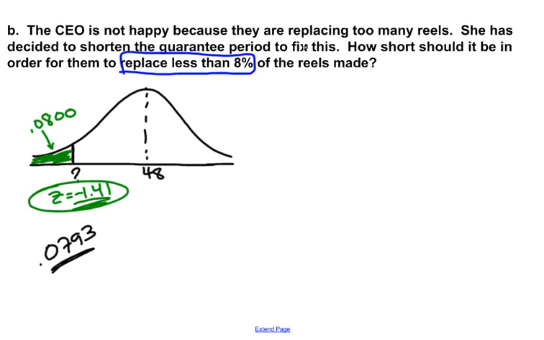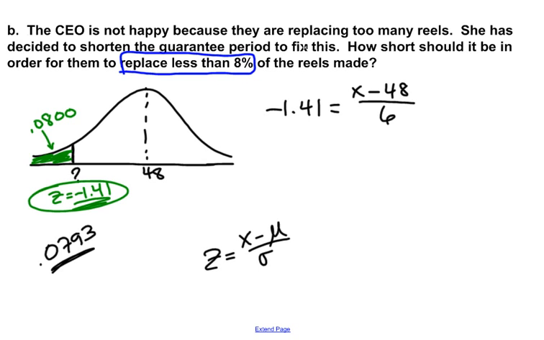So we are going to use that z, negative 1.41, to find this percentage and get it down to be 8%. So we're going to set up the equation. Negative 1.41 is equal to, and again, we're using this formula right here. We know our mean, we know our standard deviation, and we know z. We don't know x. We know the mean is 48 and the standard deviation is 6.